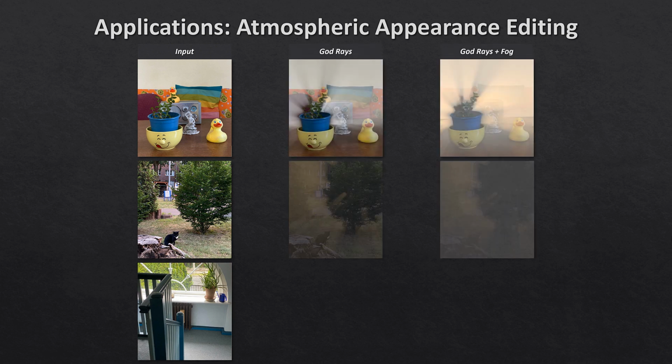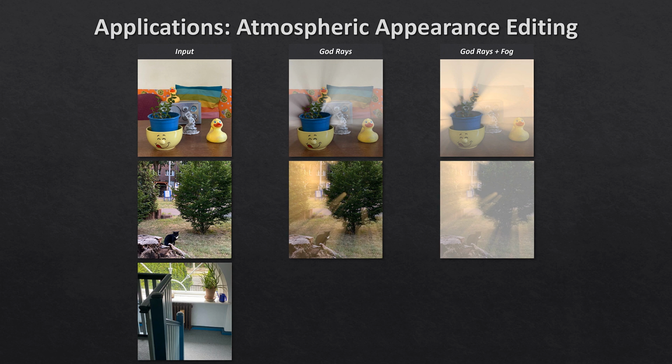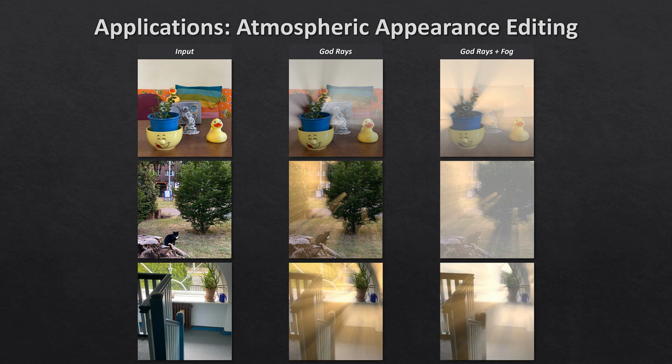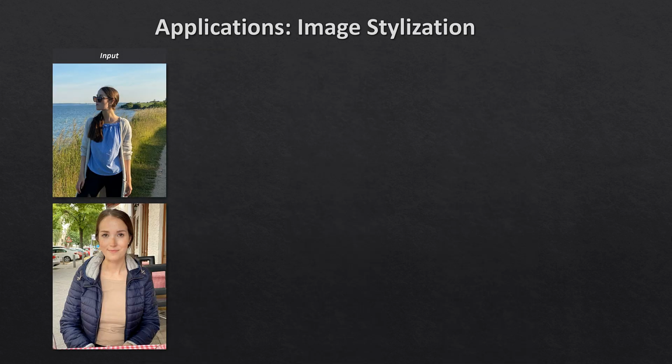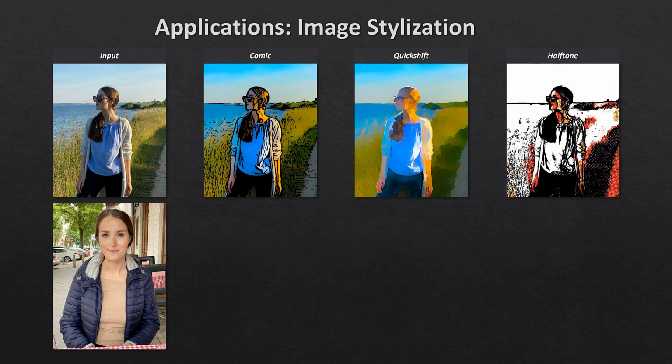We can also mix the virtual fog and God rays to generate more aesthetic results. The decomposed layers can also be used to generate enhanced image stylization effects, as shown here.